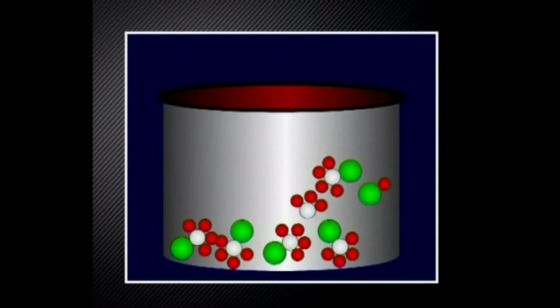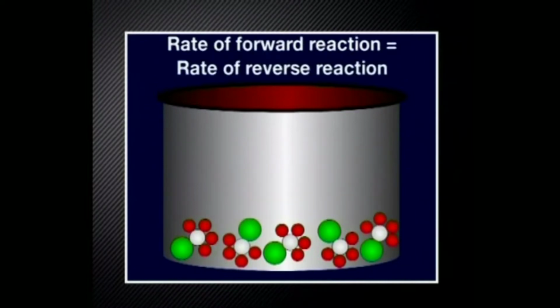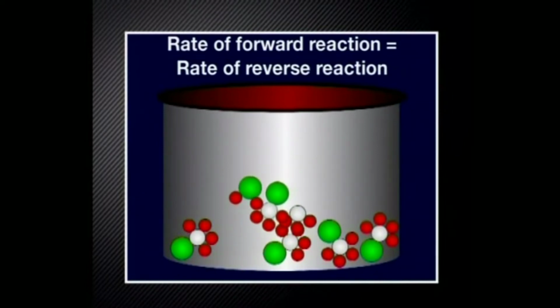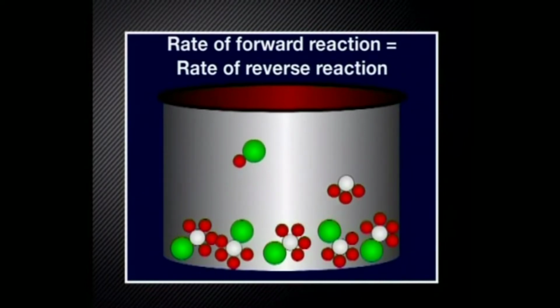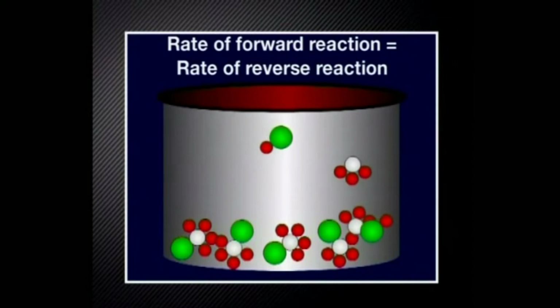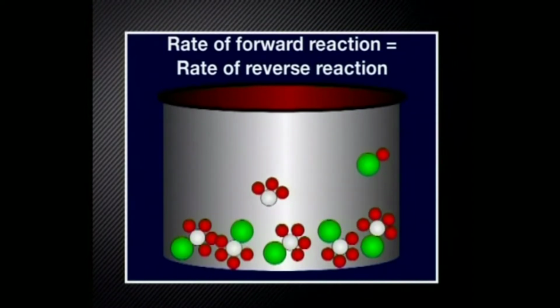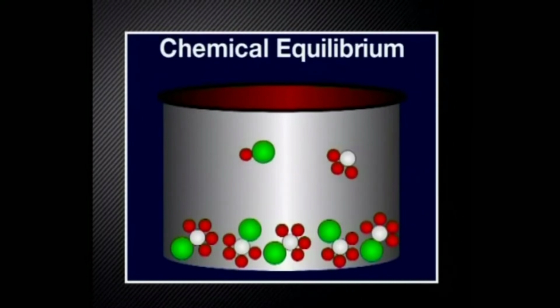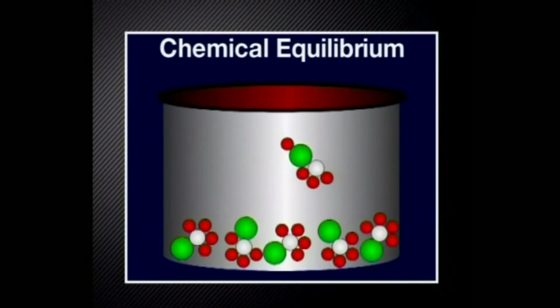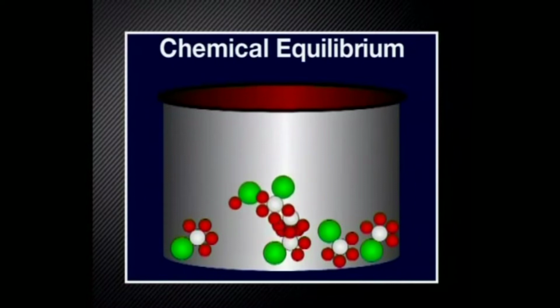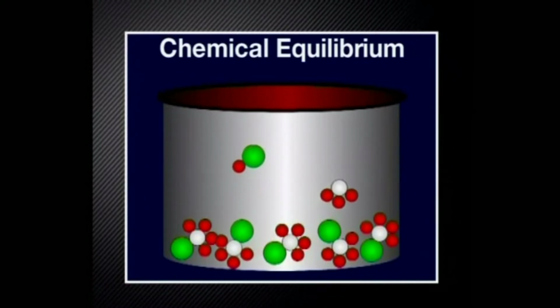Now, when we look at this reaction, we can see that it is an equilibrium because the amount of products and the amount of reactants are constant, even though there is an equal switch between the forward and reverse reaction rates. It should be noted that the amount of gases and solids is constant but not equal.